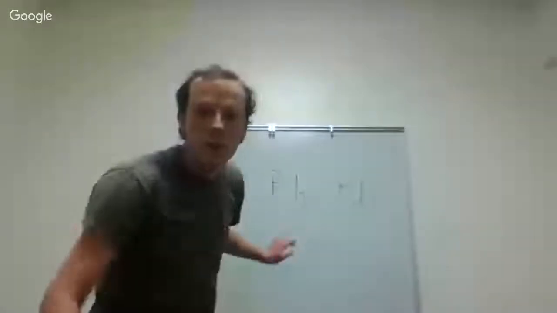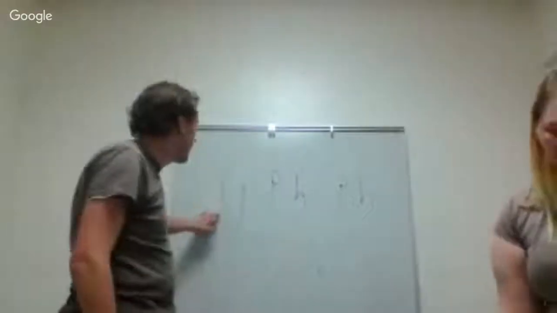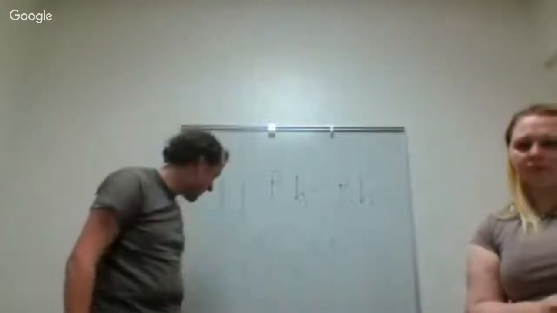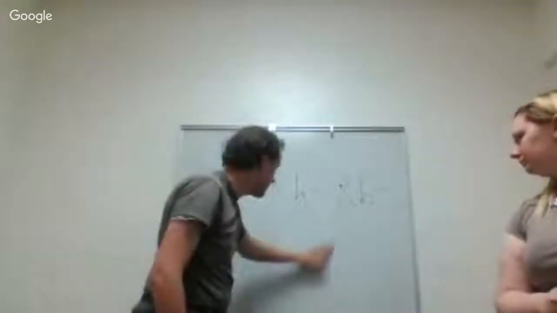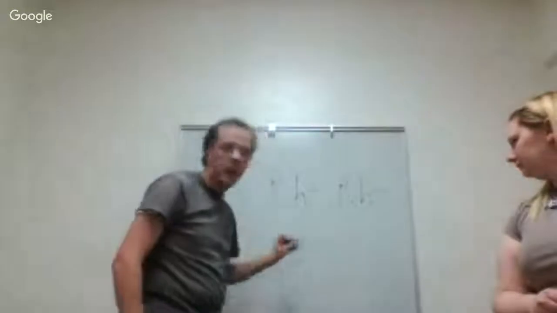So since the mother is O, Rh minus, she would have this same genotype. And since she is MN, instead of being MM, she would be MN.